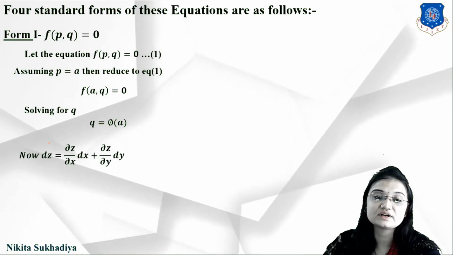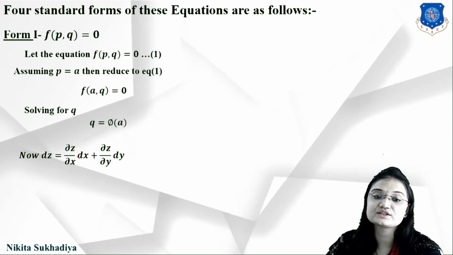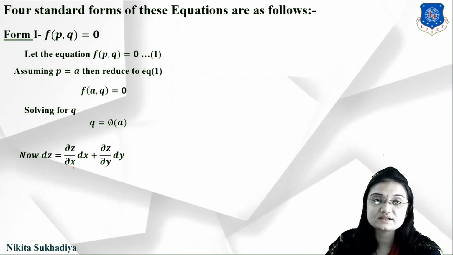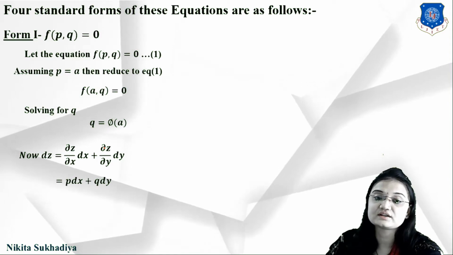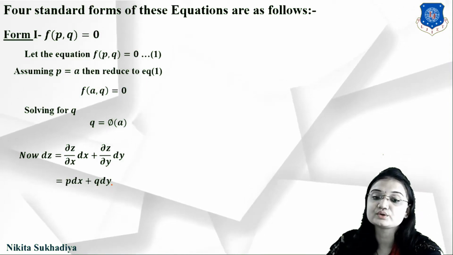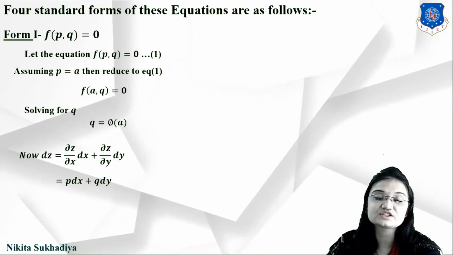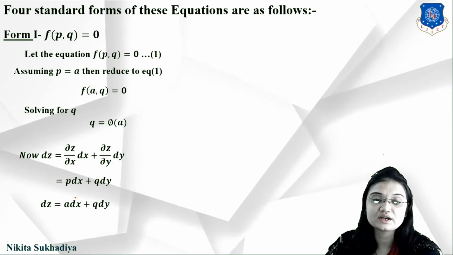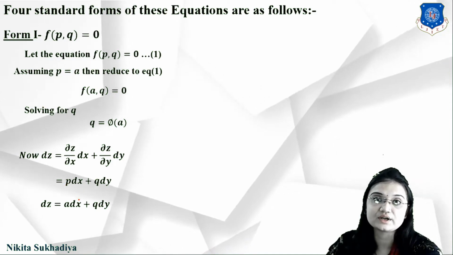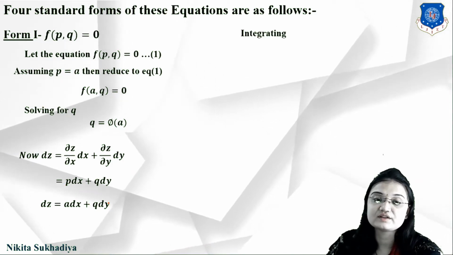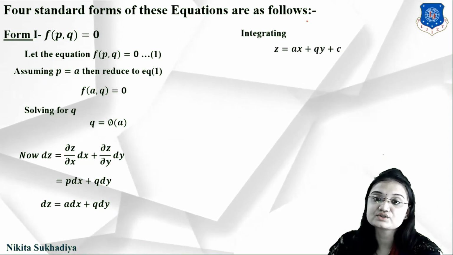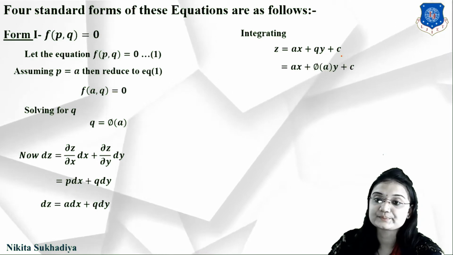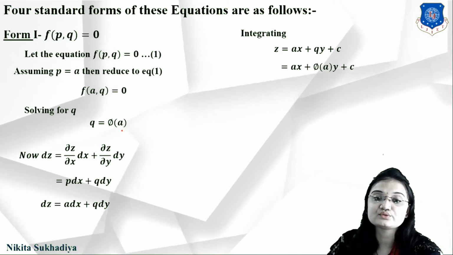Now we have dz is equal to del z by del x into dx plus del z by del y into dy, and del z by del x is nothing but p, and del z by del y is nothing but q. So this is p dx plus q dy. Now we have dz is equal to a dx plus q dy, because p is equal to a. Integrating both sides, we get z is equal to ax plus qy plus c, where q is equal to phi of a.